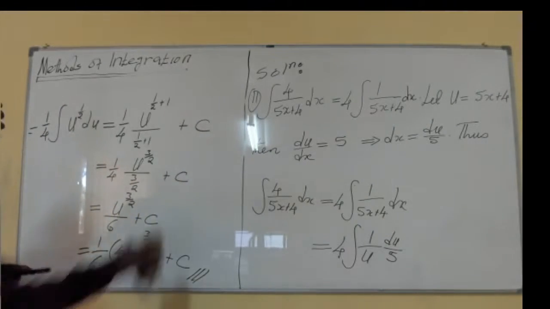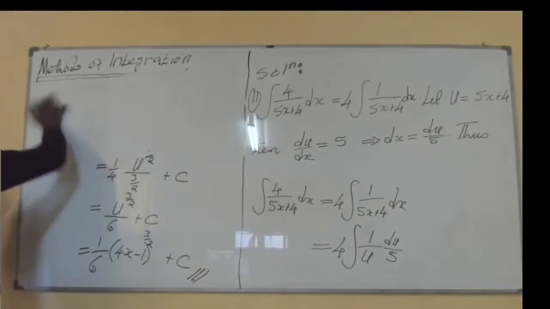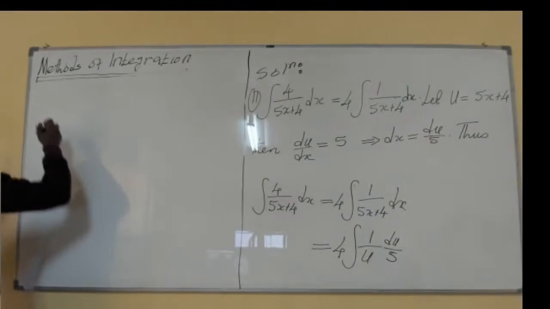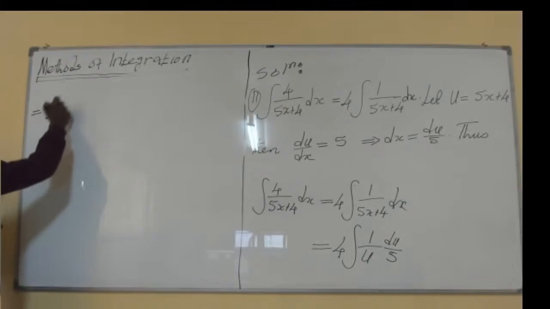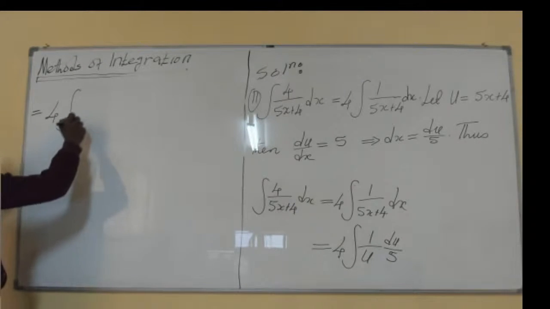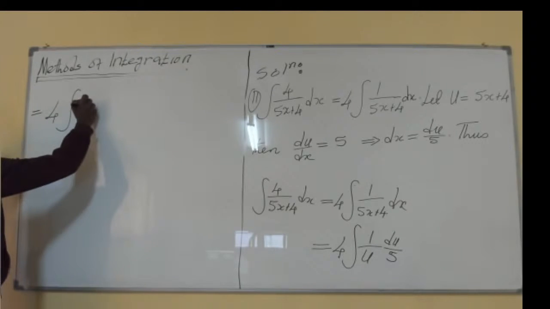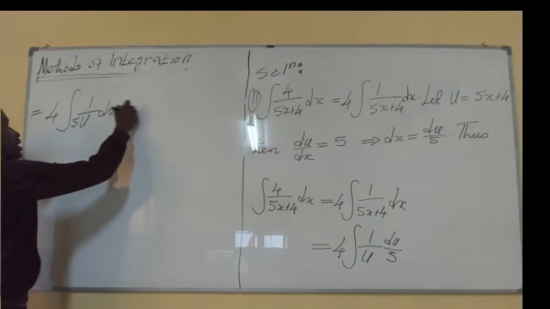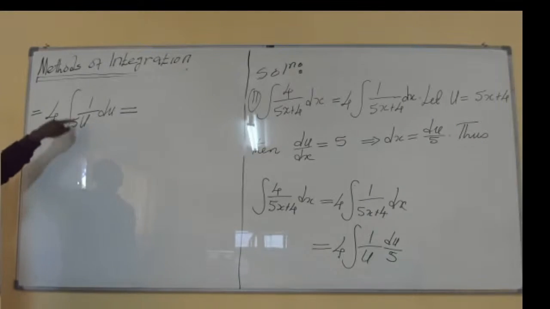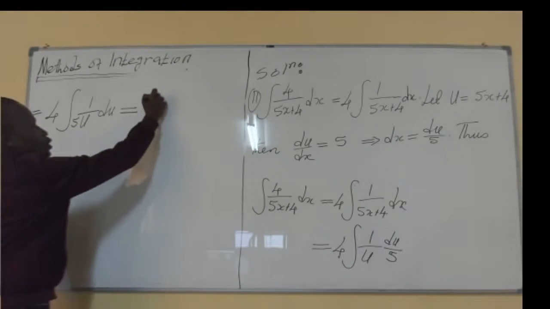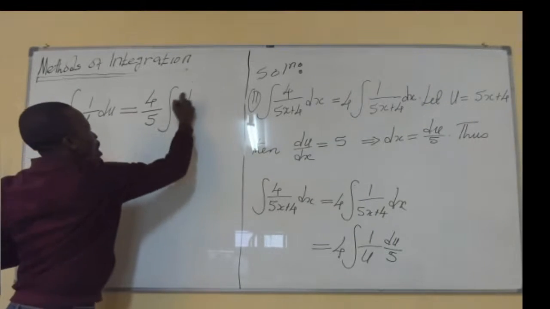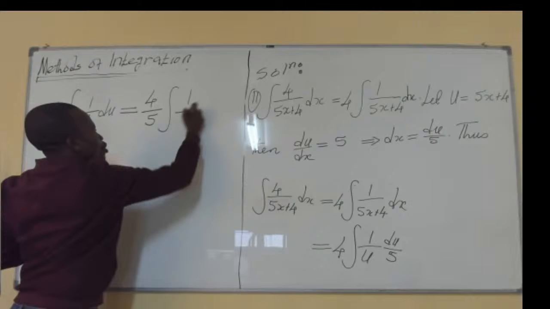This is just the same as 4 times the integral of 1 over 5u du, in that simpler form. This 1 over 5 is a constant, so we can have 4 over 5 times the integral of 1 over u du.